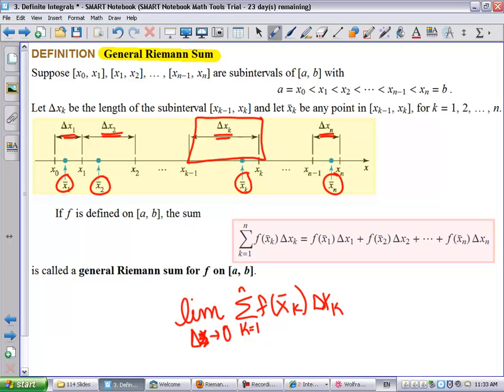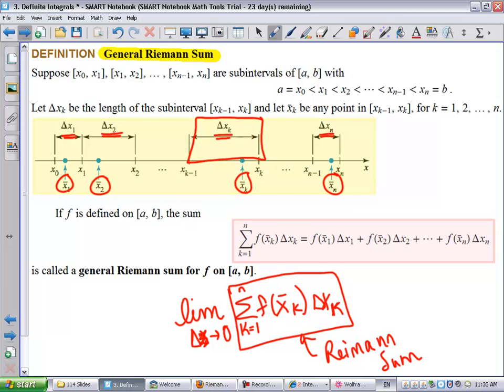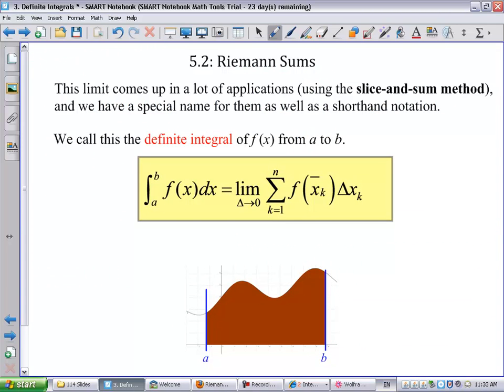The delta x also needs a k now because it's a different number for each rectangle. Without the limit, that's the most general Riemann sum. And once you put the limit on, that makes it a definite integral. So this whole thing with the limit is a definite integral.